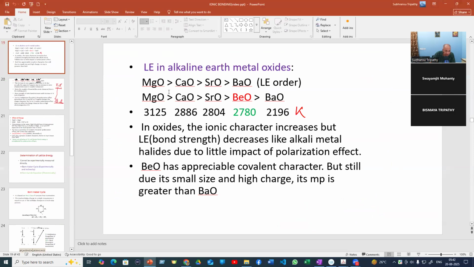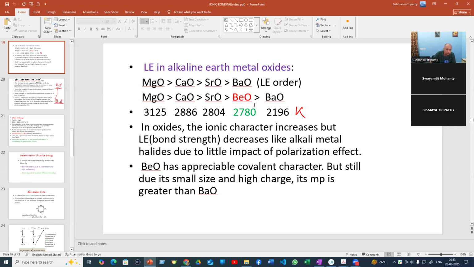See, lattice enthalpy now governs here. These are predominantly ionic compounds. If they're predominantly ionic, maybe 70% ionic or more than that, even if there is some covalent character, it will not affect the magnitude of charge much, so the lattice enthalpy, q dash by r square, will be the governing factor for predicting the physical properties. But beryllium oxide will be having an unusually low melting point.